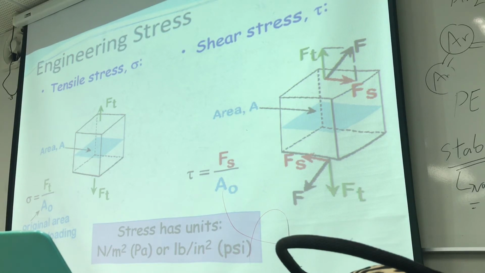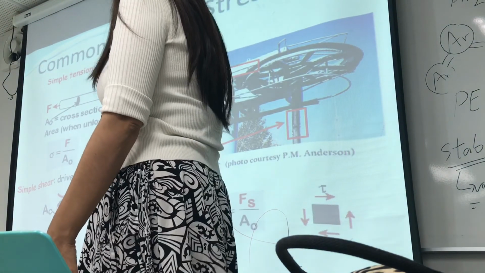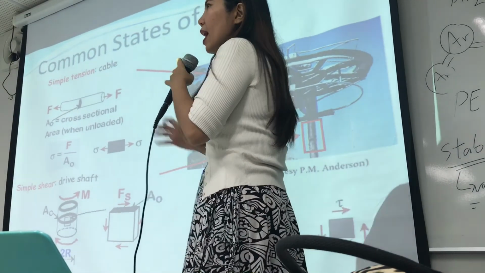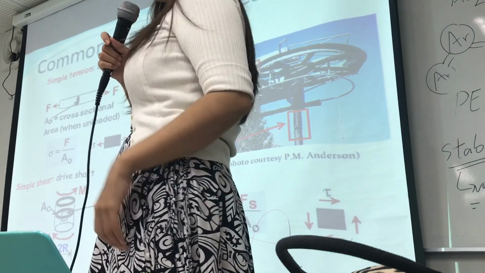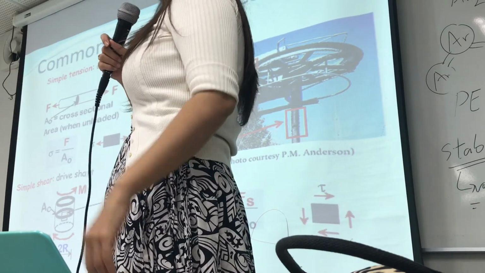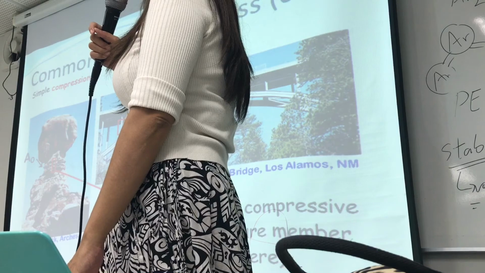The same. In this picture, it's just to show you that one component may be subjected to all modes, like compressive, torsion, tensile, and shear. Just like these two pictures, just to show you that.